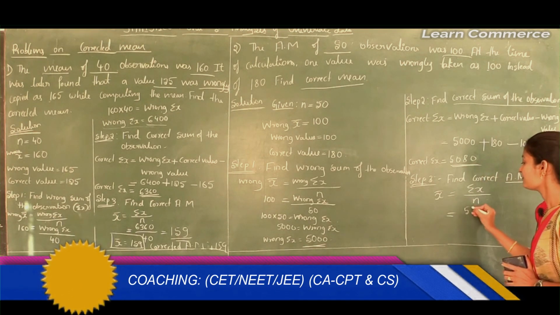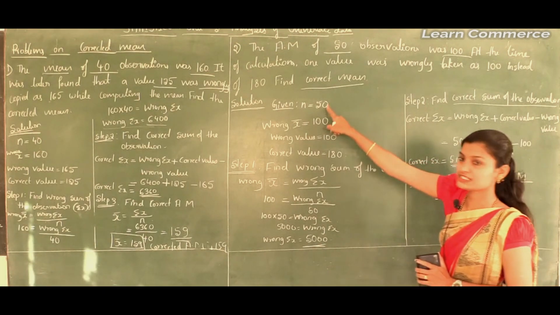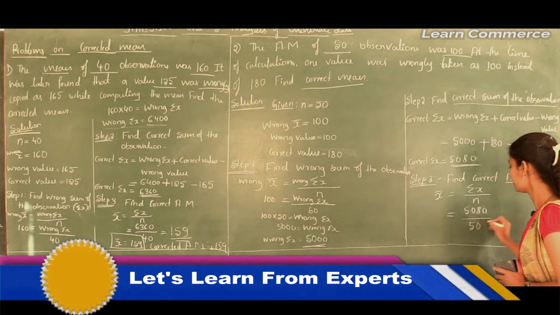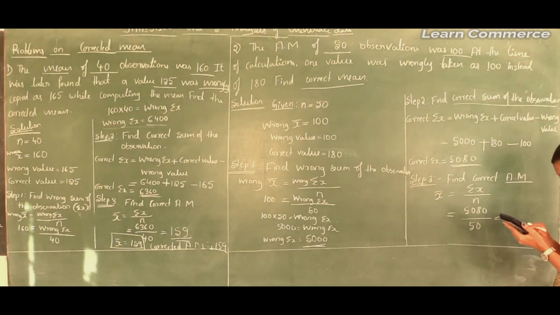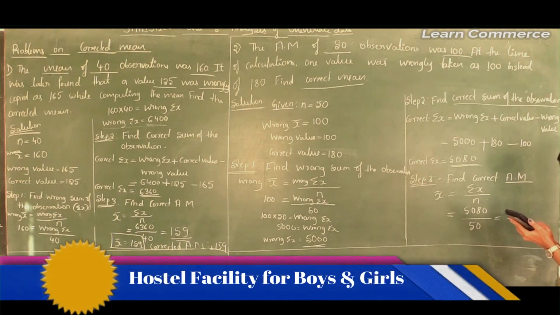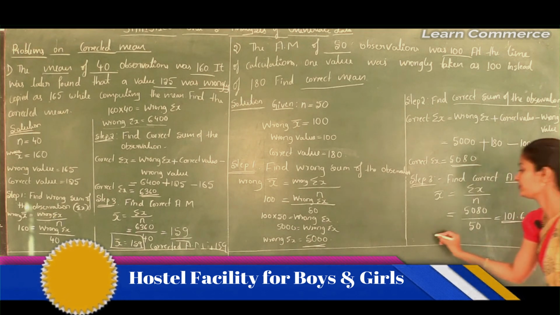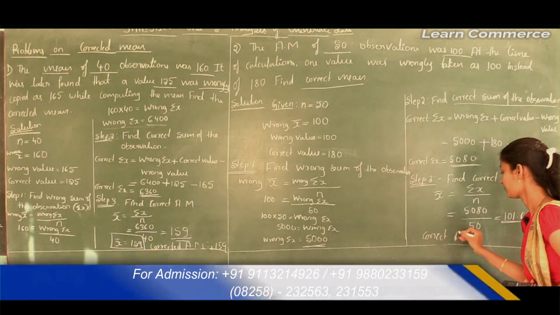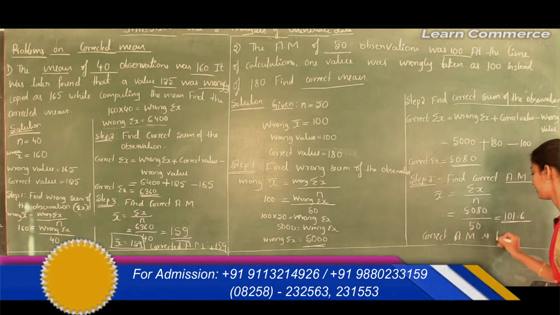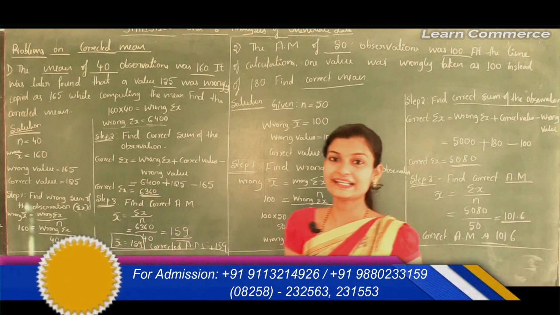Summation x is 5080 divided by small letter n, which is 50. So this is equal to 5080 divided by 50, that is 101.6. So the correct arithmetic mean is 101.6. Okay, this is all about problems on corrected arithmetic mean.